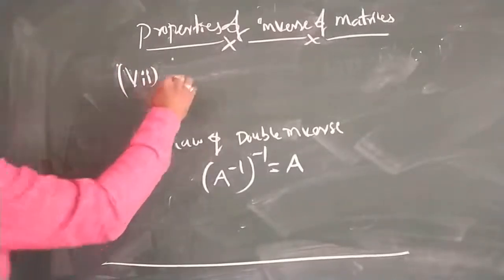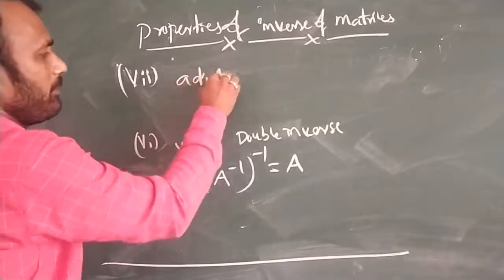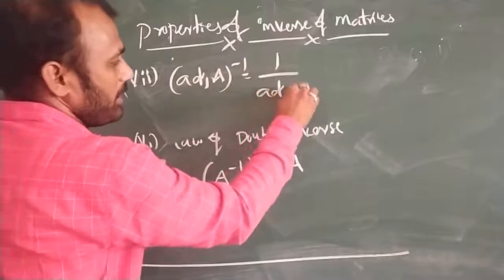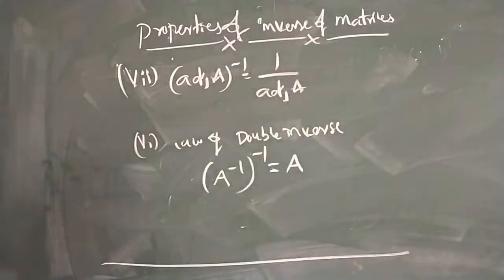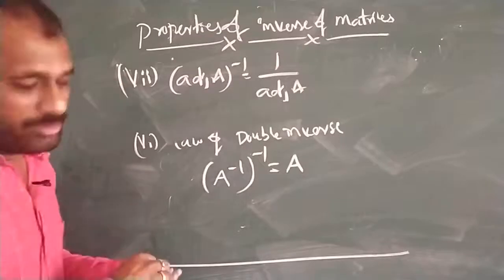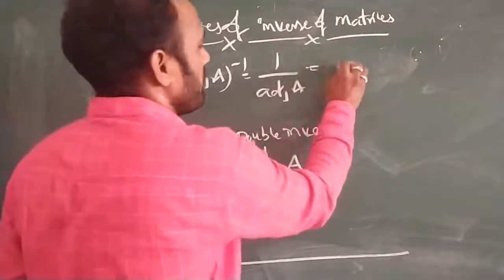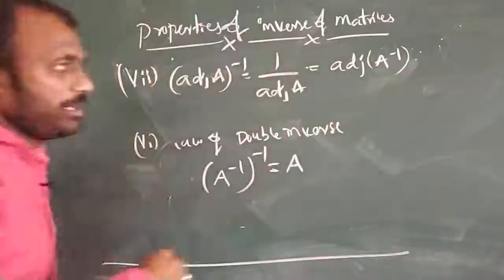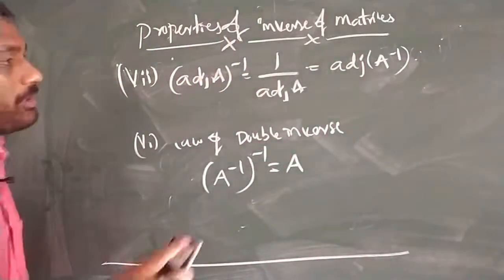In this, if suppose the inverse of adjoint of A matrix is there, then it can be written as 1 by adjoint A, or it can be written as adjoint of A inverse.